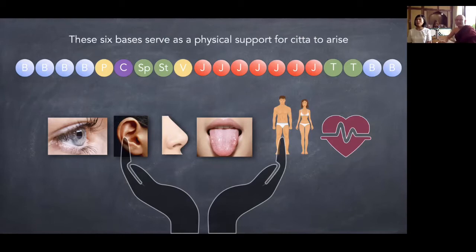The mind itself, the mental functioning, mind consciousness, not the object, not the five sense consciousness. So these 6 bases serve as the physical support for chitta to arise.